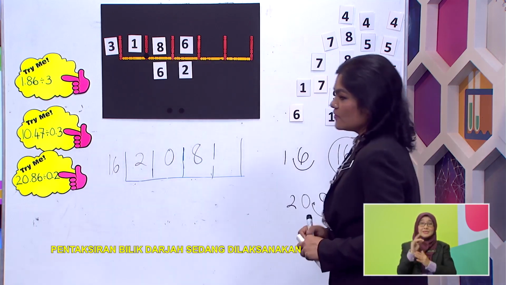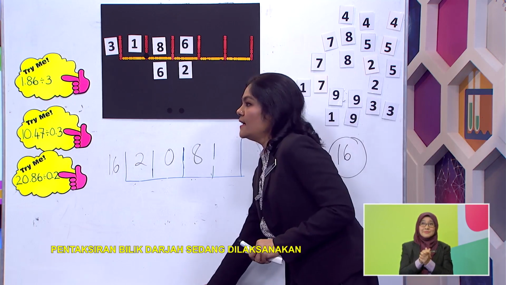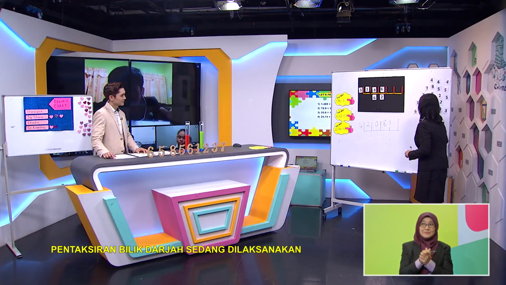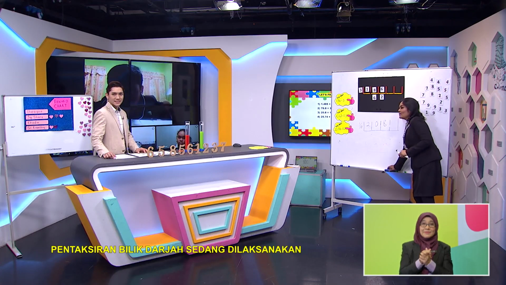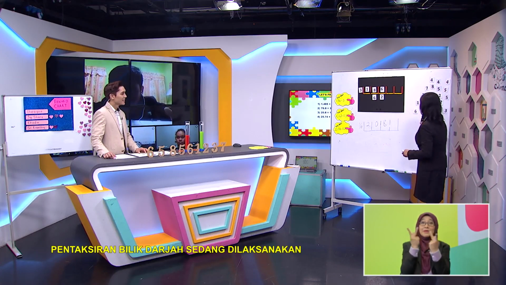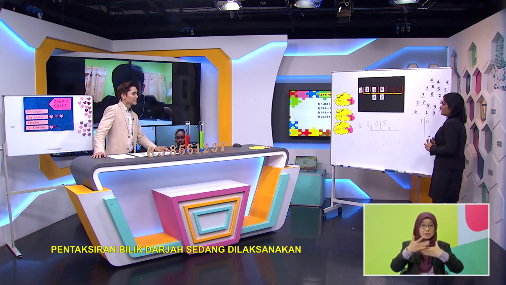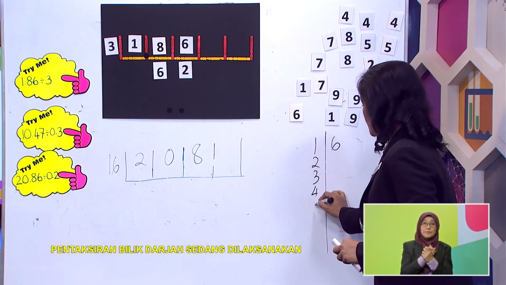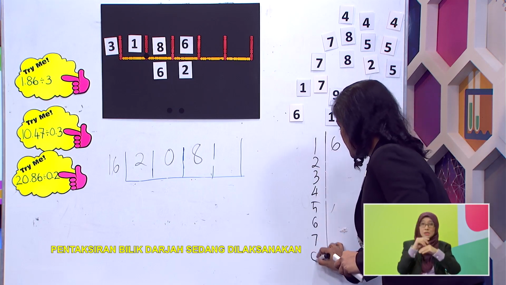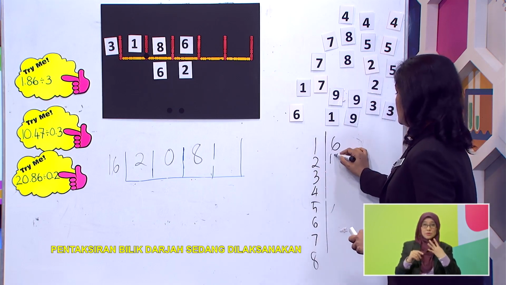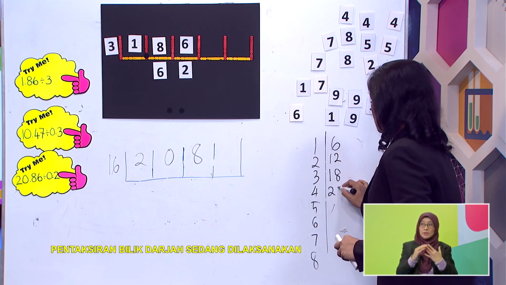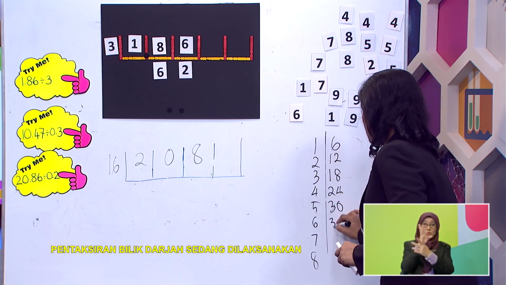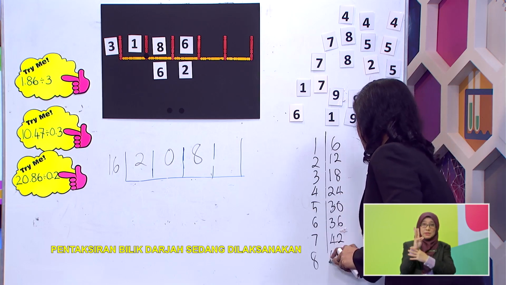So fast you get the answer. How about the multiples of 16? Do you know how to get the multiples of 16 here? I would like to introduce an easy technique to find the multiples. So here 2, 3, we divide the 16 like this. 4, 5, 6, 7, 8. 8 times 6 would be 48.